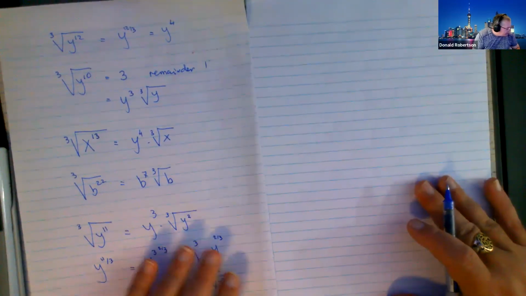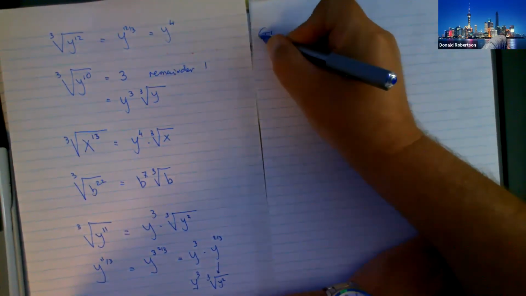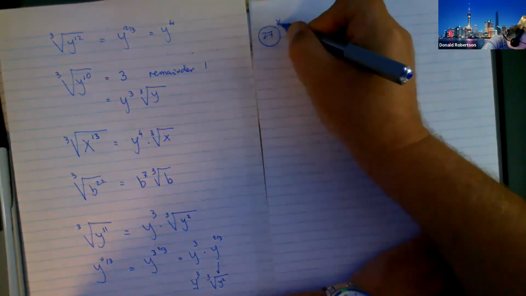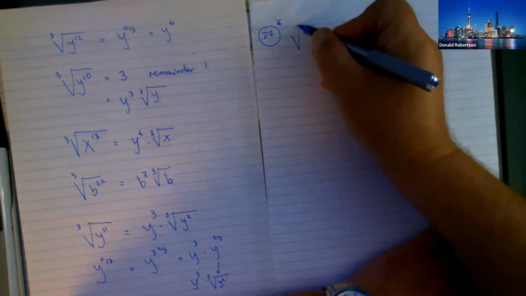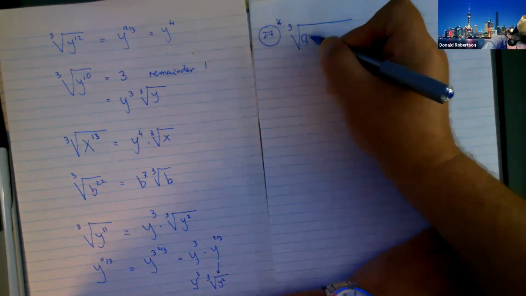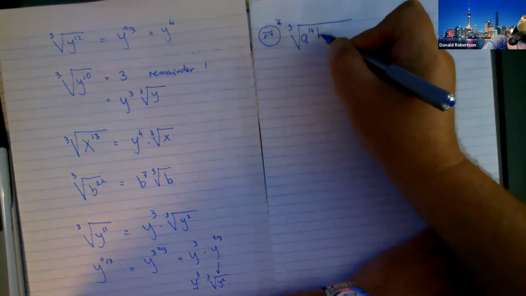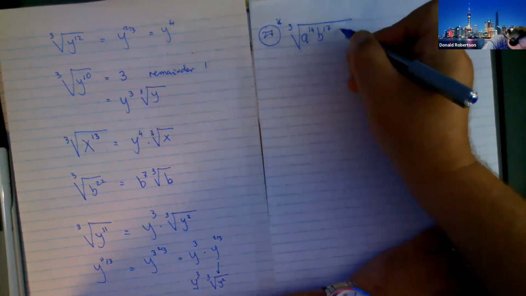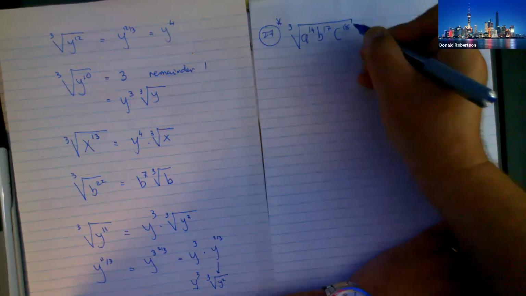Okay, let's put that package together and finish off with a couple more examples. Here's the version of 27. It's going to be the cube root of a to the 14, b to the 17, and c to the 18.